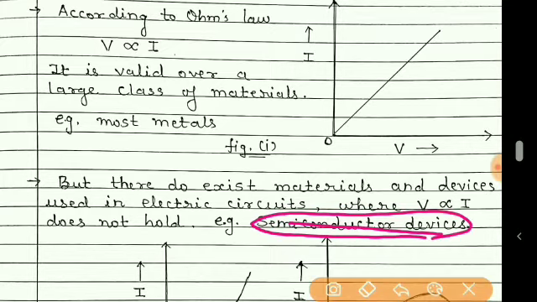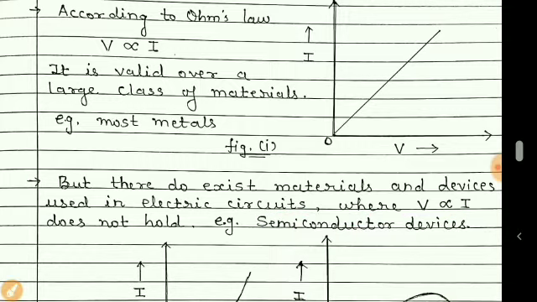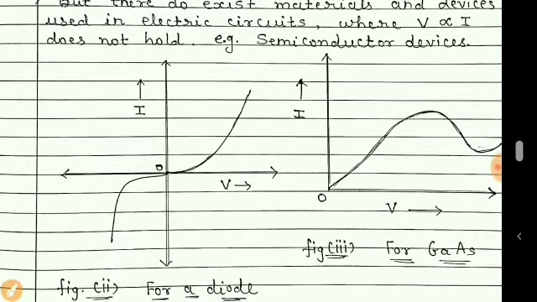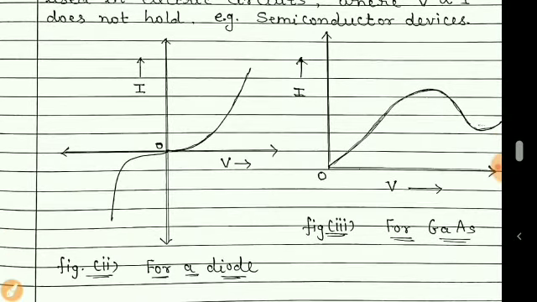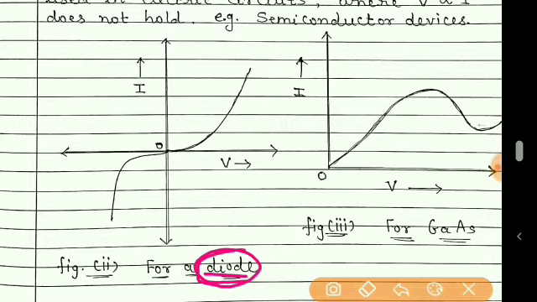Means those devices which are made up of semiconductors. So students, here some examples are given that for a semiconductor diode, this is a component of an electric circuit like resistor, capacitor. Even diodes are used in an electronic circuit.